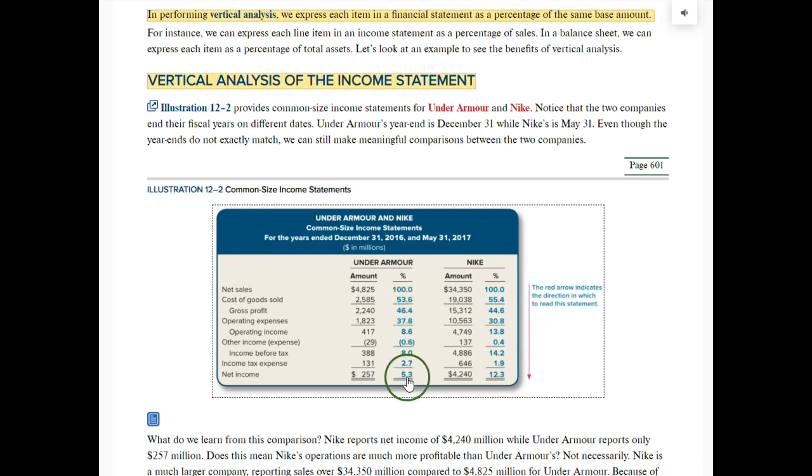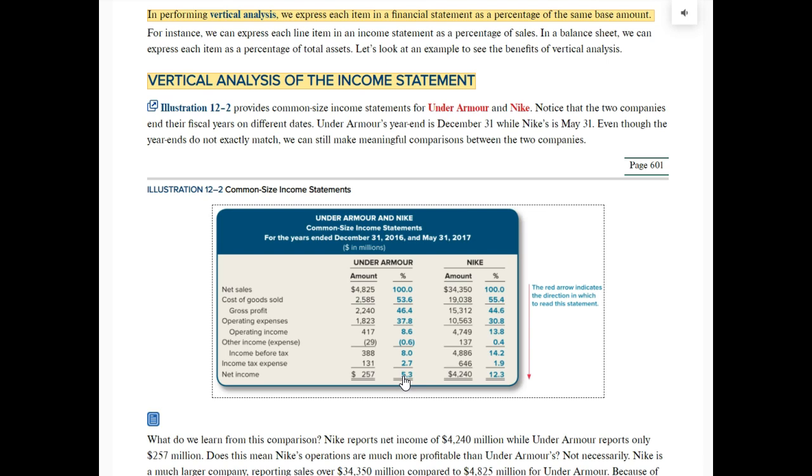Drop down to the bottom number. This sort of reverses things by quite a bit, really. Now, for Under Armour, for every $1 it has in sales, pure profit, net income, is 5.3 cents. Nike, for every $1 in sales, then its net income is 12.3 cents. So I'm converting these percentages into cents, pennies, to sort of give you an idea of what's going on here.